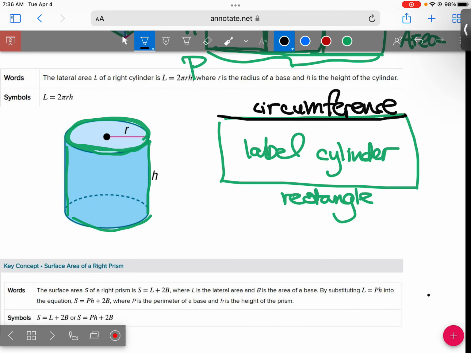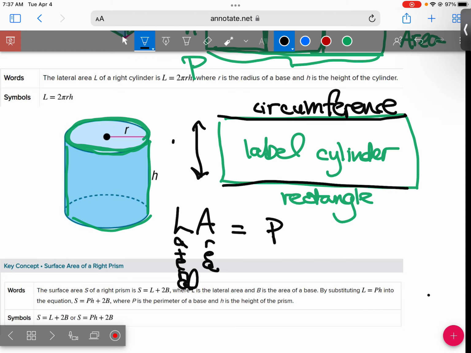So in this case, my lateral area, LA, lateral area, is equal to the perimeter times the height. But my perimeter is circumference.